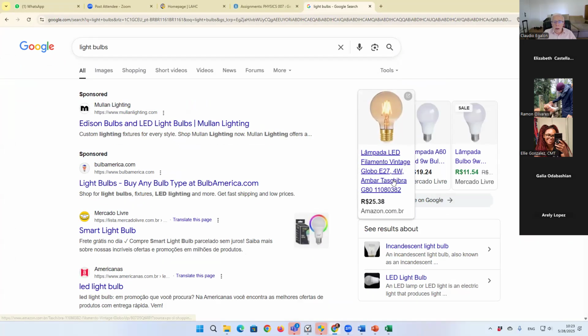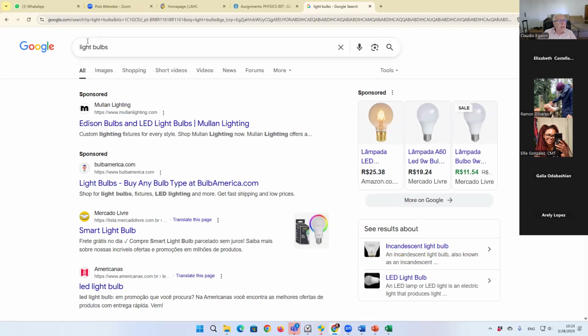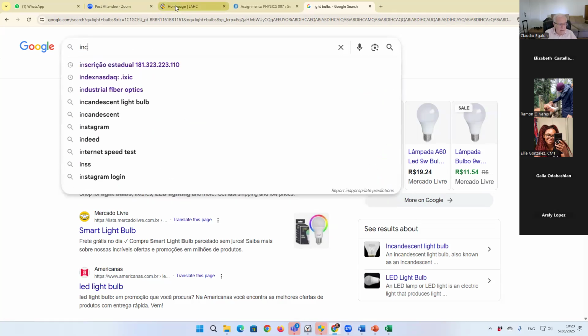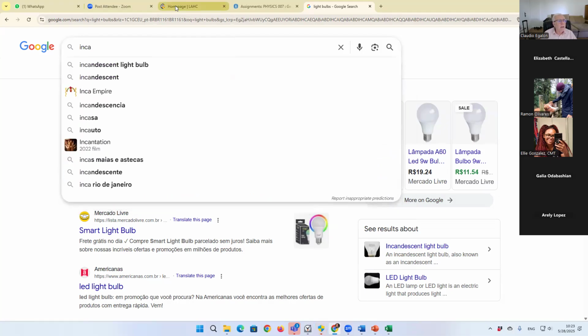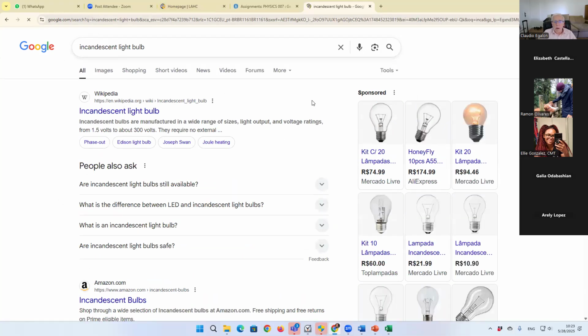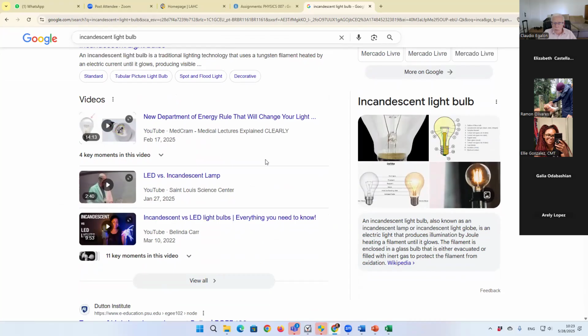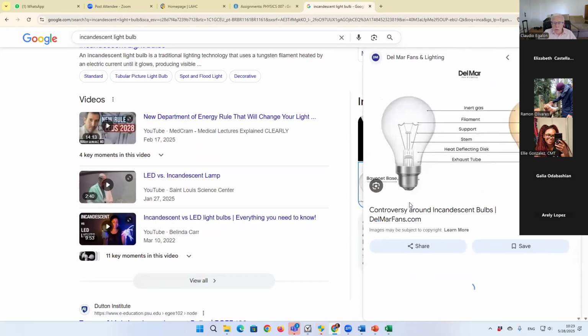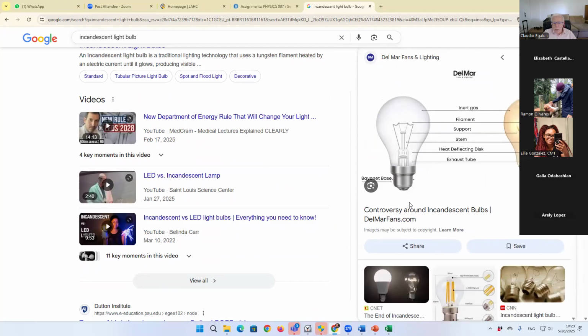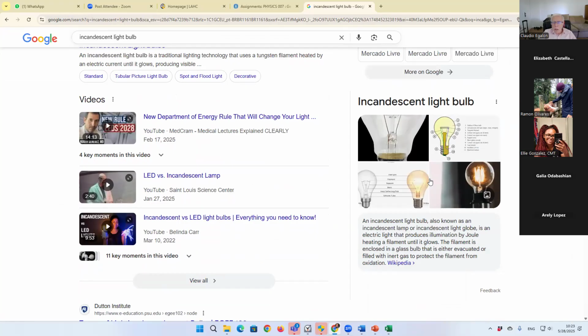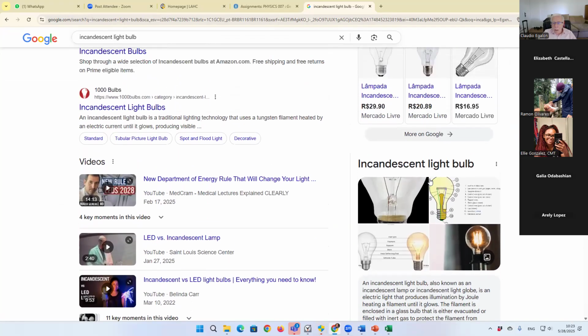So let's see here. Let me get a better illustration of an incandescent light bulb, so you can understand it. Yeah, let's take a look at this one.